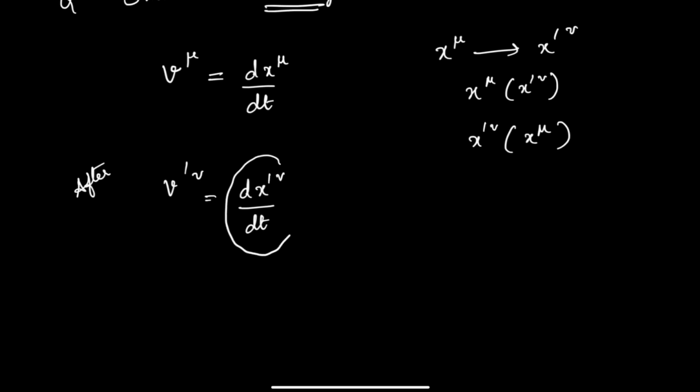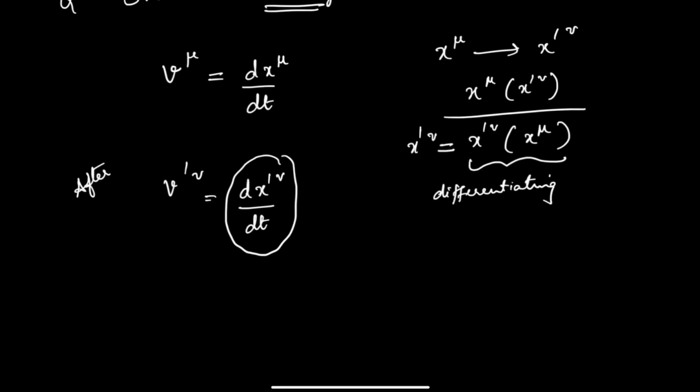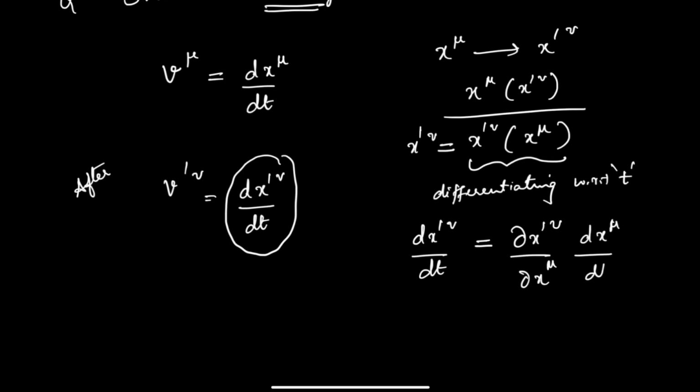Now this quantity I can obtain from differentiating this transformation. x prime nu is a function of x mu. Differentiating both sides with respect to time, I get dx prime nu on the right hand side, which is a function of x mu, so the partial derivative of x prime nu with respect to x mu, then dx mu by dt.